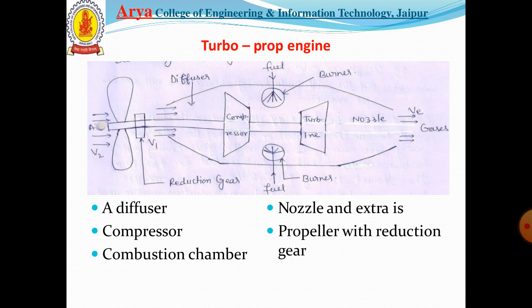As 80% of the total energy generated in the turbine is used to run the compressor and the propeller, very little energy is left in the gases coming out of the turbine, that is 20%, which is further used for producing thrust by passing through the nozzle. The gas turbine speed being very high, a reduction gear is used to run the propeller.